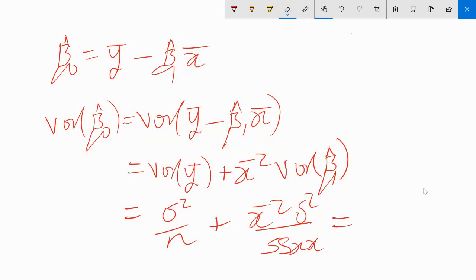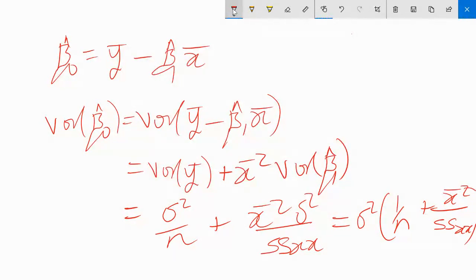The first thing we can do, let me take sigma squared as a common factor. I will have 1 over n plus x bar squared over SSxx.